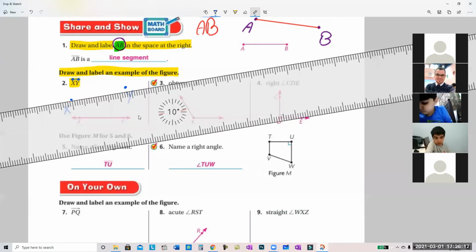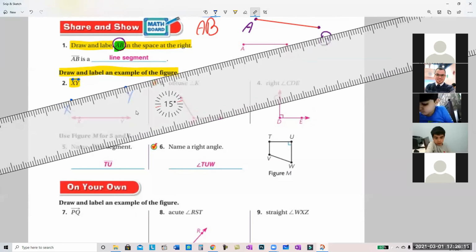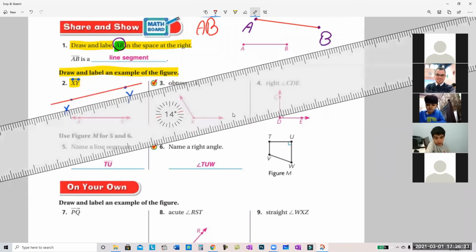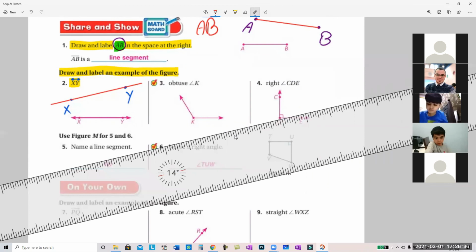Let's adjust our ruler as you see here. In this case we're gonna draw a long line like that. Don't just join the 2 points. No, you have to draw a line passing through the 2 points like that. So that's line XY, as you see here.